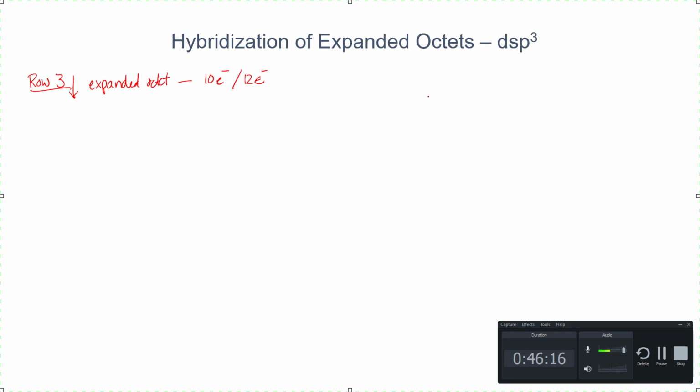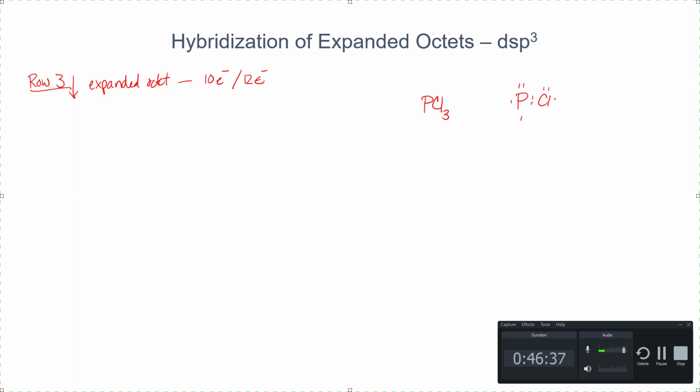So let me take, for instance, this molecule. Let's do PCl3. PCl3 would have a phosphorus with its Lewis dot structure, with its 5 valence electrons.